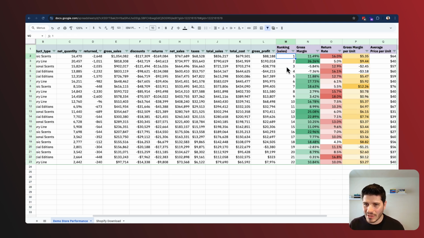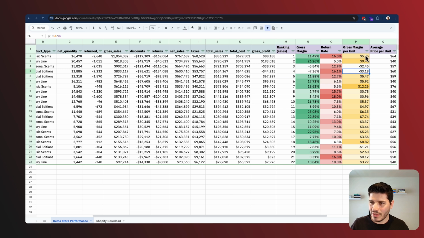So at first sight, something interesting we can see here is that number 3 and number 4 in our ranking are actually losing money. Like the more units the company sells of this product, the more money we'll lose because we're effectively not making any profit out of this product. Of course, there are nuances that might make this still relevant or positive for the business, but generally speaking, that doesn't look good, I would say.